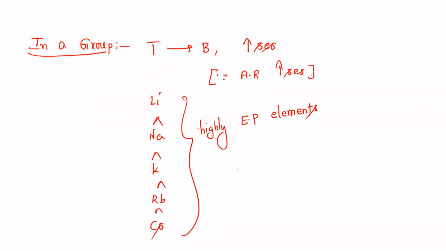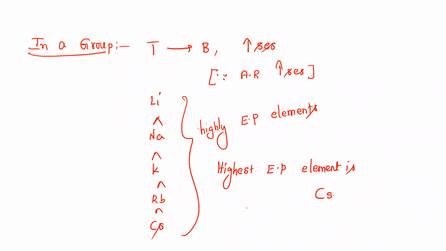So, which is the highest electropositive element in the periodic table? Cesium. Yes. The highest electropositive element is cesium in the periodic table.